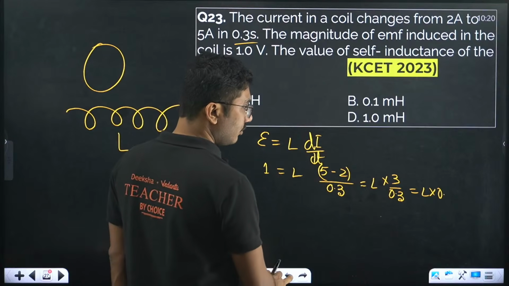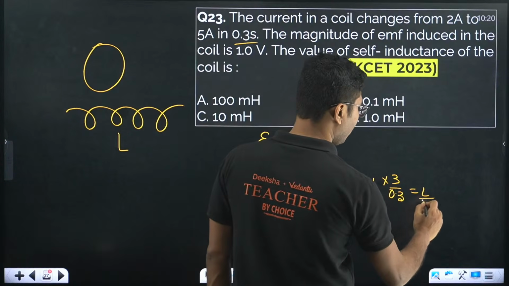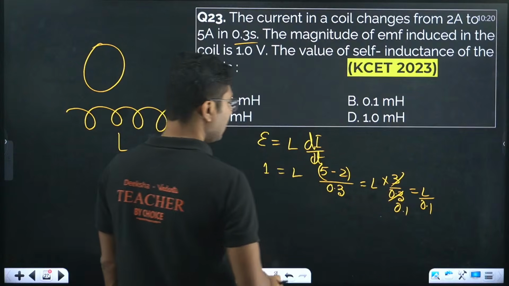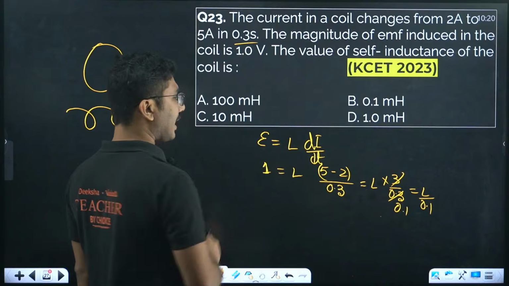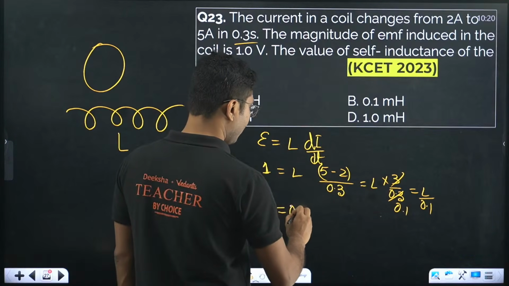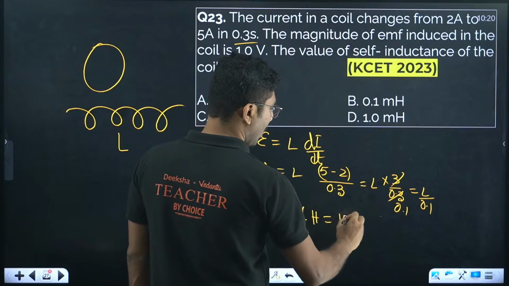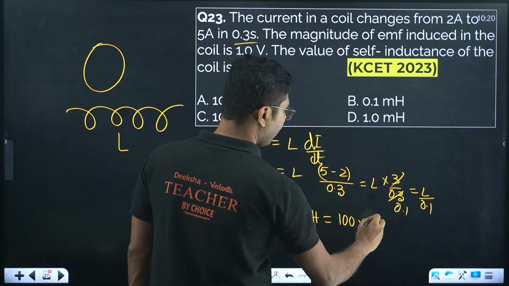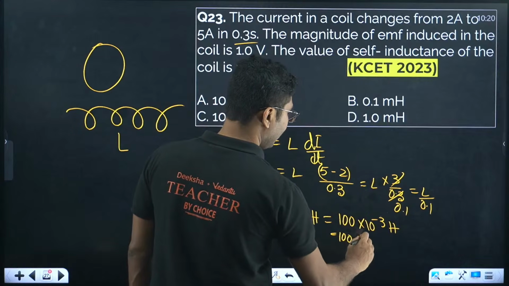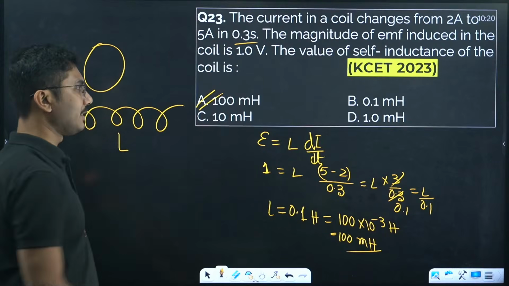Sorry, not L into, L divided by 0.1. 3 and 0.3 cancel, so on the left hand side we had 1, on the right hand side L by 0.1. So L equals 0.1 Henry, or 100 millihenry. So 100 millihenry is the answer.